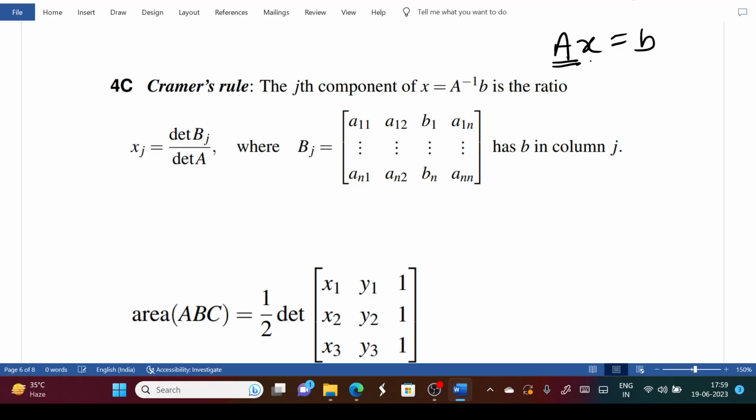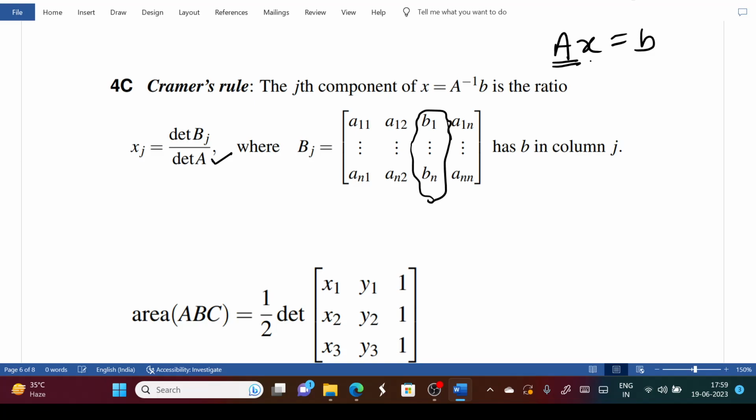Let us write down its determinant, given here as determinant of A. Now I have written the coefficient matrix in such a way that its jth column is replaced by this value, that is B. So such a matrix obtained is called Bj.